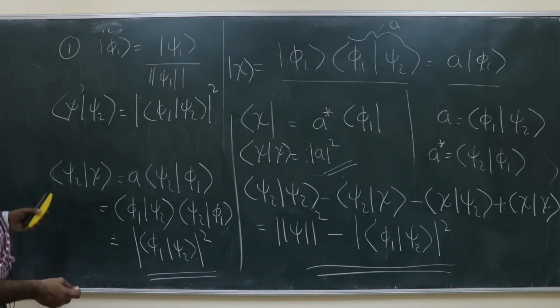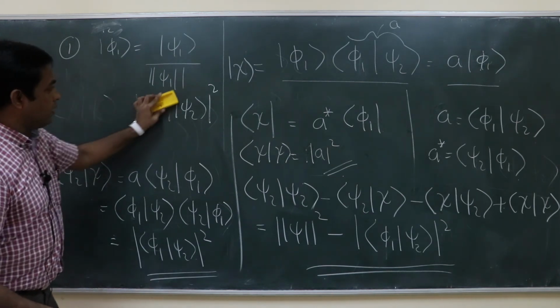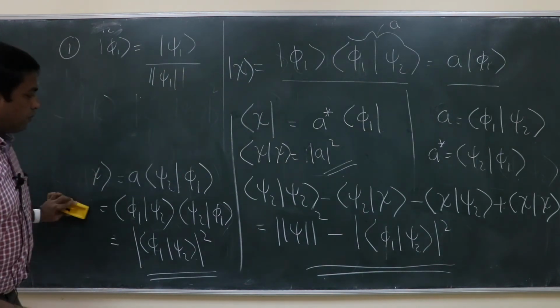So finally, when I am writing the second vector, what am I going to get?